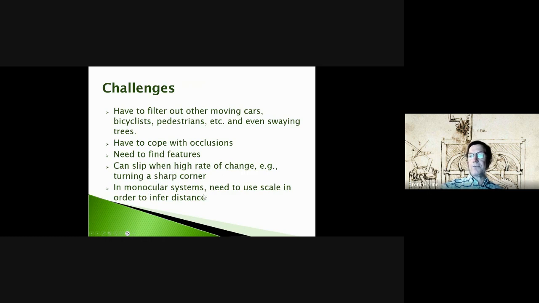If we only have one camera, it's a monocular system. We need to use the scale of the size of things in order to infer distance, right? An example: we know that stop signs are a certain size normally. Sometimes they're bigger, sometimes they're smaller, but normally they're a consistent size.